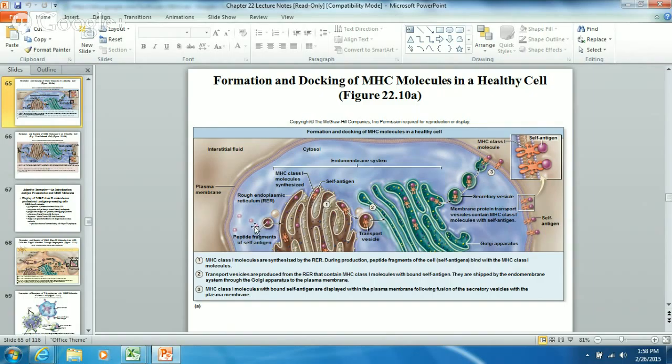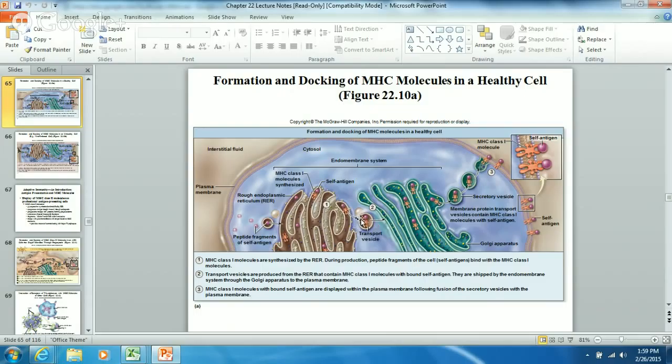So this peptide fragment of self-antigen, notice that it's a peptide fragment. So it's not an entire peptide. It's not an entire protein itself. It is a piece of a peptide that's been broken off from something else inside the cell, placed in a membrane-bound bubble, which happens to be a transport vesicle.